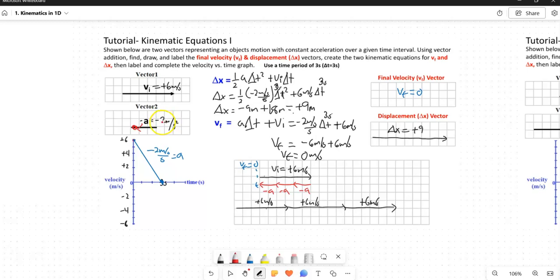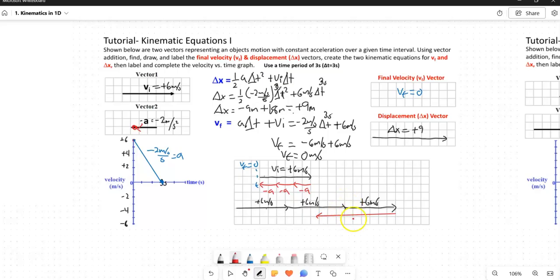Anyways, we're going to divide that by 2. So now we're going to have a -1 meter per second, and then we're going to take 9 of those. And you could just do one big vector pointing. So this is going to be 1, 2, 3, 4, 5, 6, 7, 8, 9.